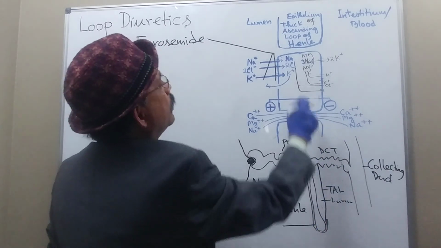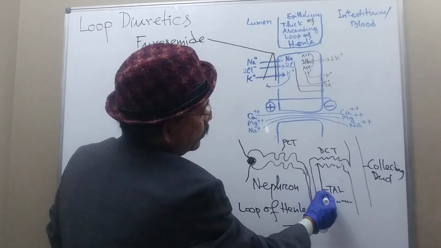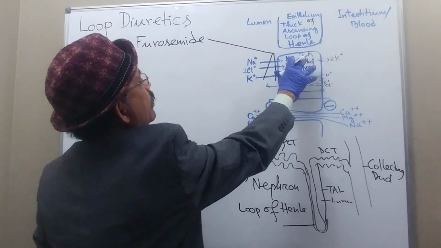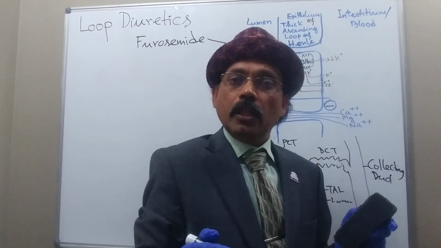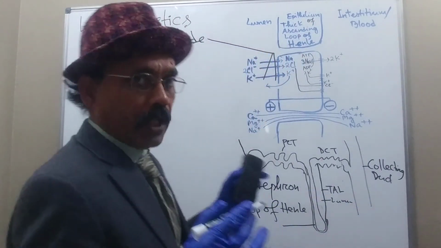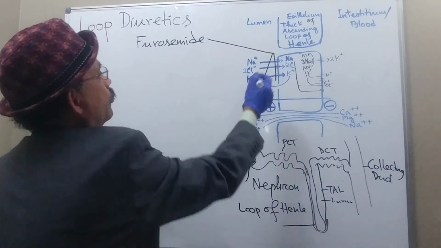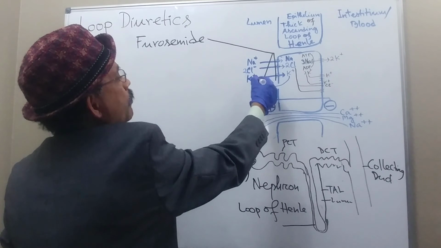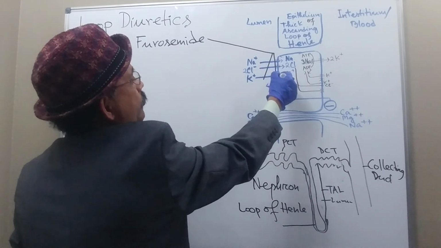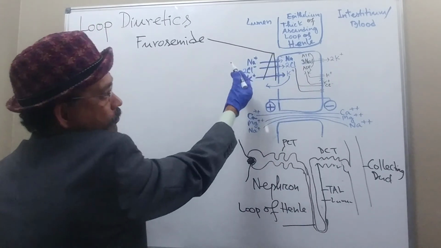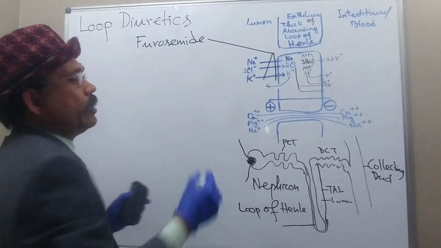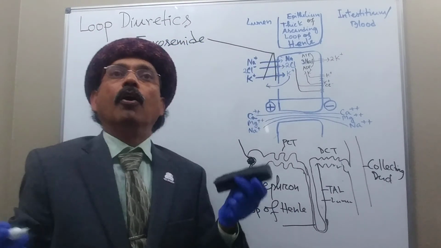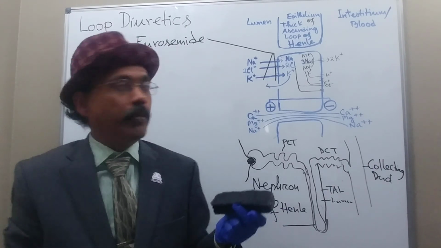This is the lumen, lined by the epithelial cell. These are cuboidal epithelial cells, one layer, and we have the sodium 2 chloride potassium co-transport system on the luminal surface of the epithelium that is blocked by furosemide or ethacrynic acid or bumetanide or torsemide.